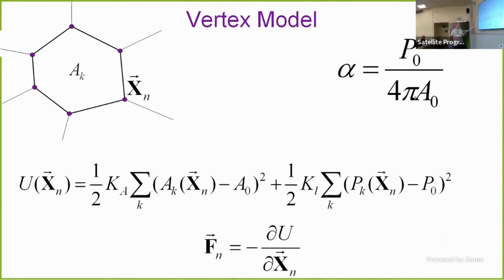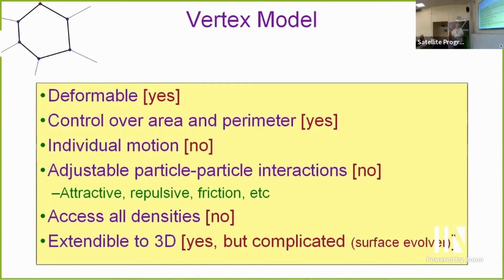We can now take this potential, which is a function of the vertices, and differentiate it with respect to the vertex position. Those give us forces, and now we just have regular MD. If we just do regular MD on these vertices, using this potential, then we get something that looks like cells. Okay, so that's the idea.